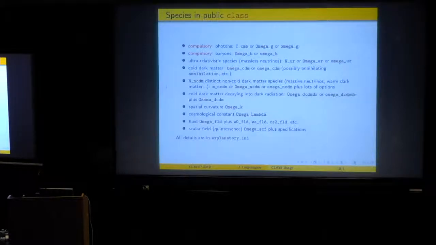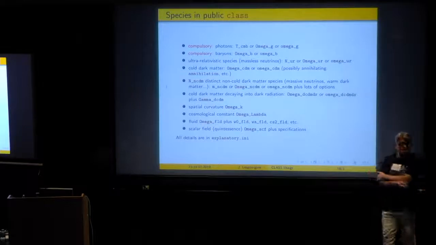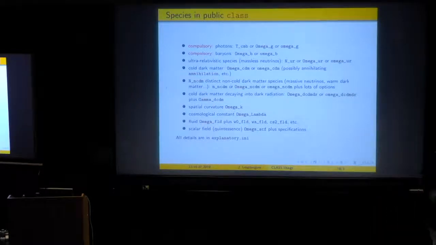So in many papers, this is just called w0, wa. Here there is really fluid because it refers to the species called fluid. And another parameter is the sound speed of the perturbations of this fluid. So very often in dark energy models, you take inspiration from scalar fields and you set it to +1. And then the fluctuations never grow and are never important.